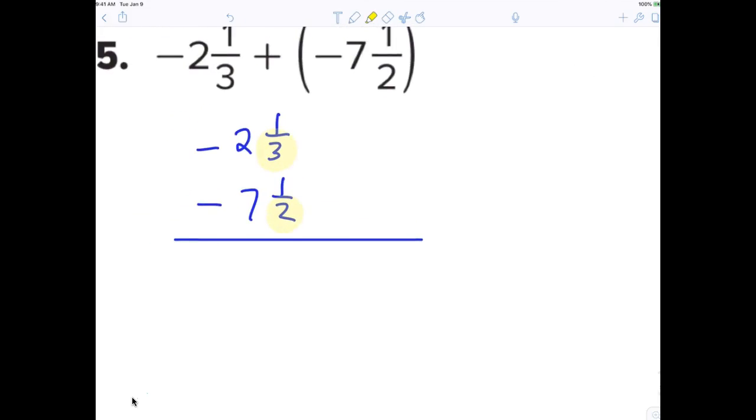This and this are called relatively prime. So to find a common denominator, I can just multiply those together. 6. That's it. And again, we'll get to something that's not relatively prime, and I'll show you how to do that. But right now, you look at the numbers. They're relatively prime. They have no common factors. So just multiply them. That is the common denominator.